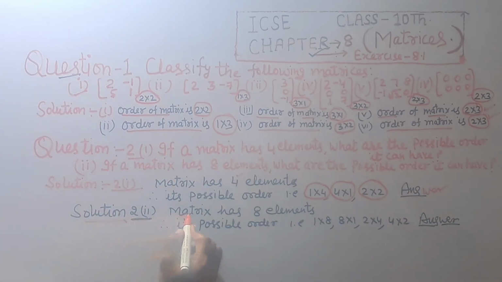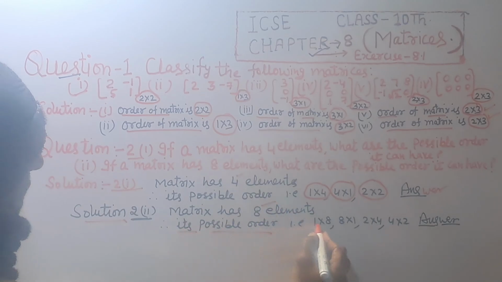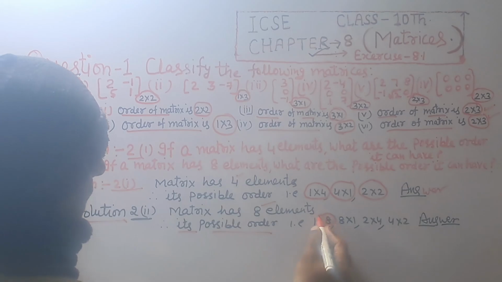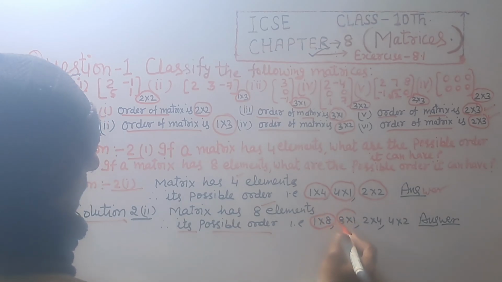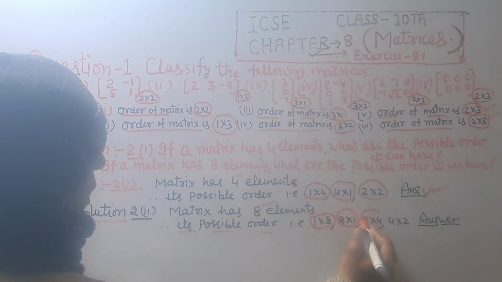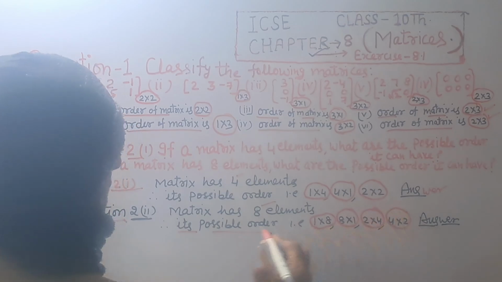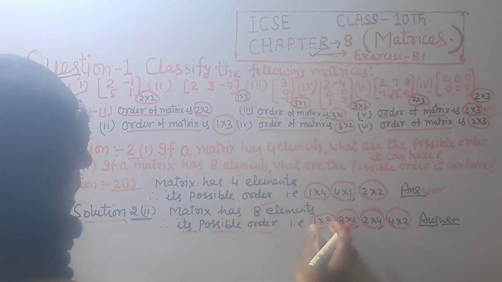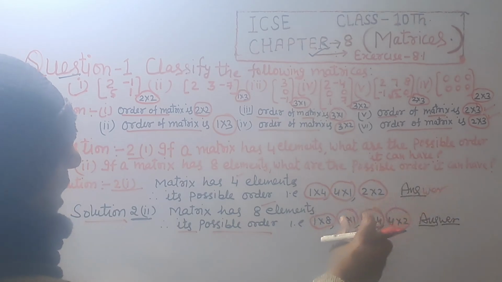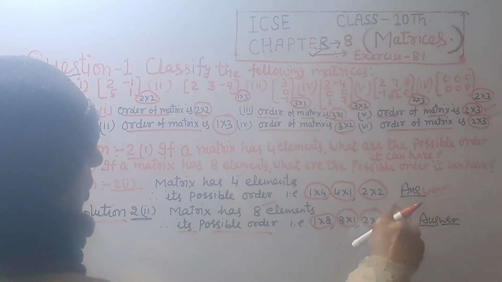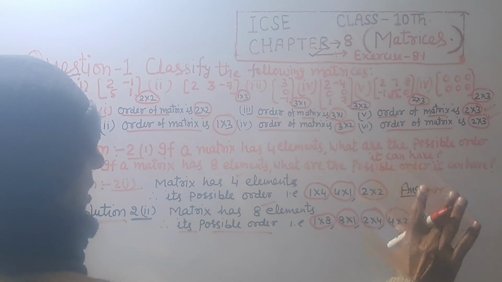And second part, a matrix has 8 elements, then its possible order is 1 into 8, 8 into 1, 2 into 4, and 4 into 2. Its possible order is 1 multiplied by 8, that is equal to 8. 8 multiplied by 1 is 8. 2 4s are 8, and 4 multiplied by 2, that is equal to 8.